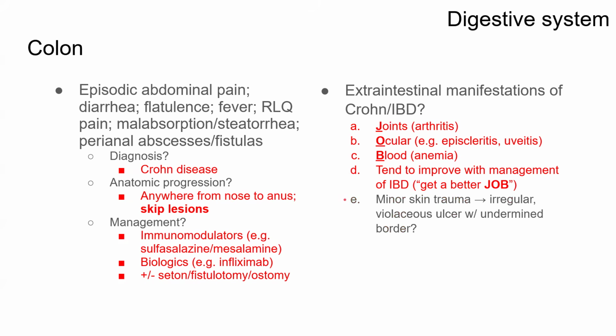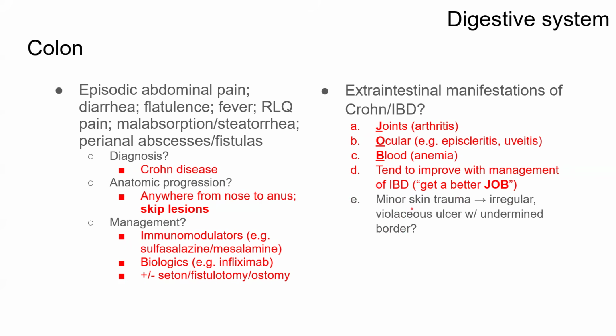Another thing that you can see in IBD or in Crohn is this other phenomenon called, or actually, I'm not going to call it yet. You'll see someone that might have minor skin trauma. Maybe they bumped their knee on furniture or something, and then it develops into this really nasty rash.